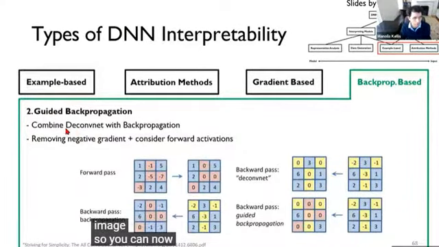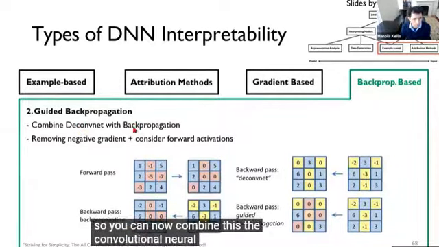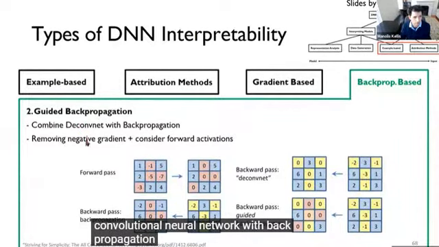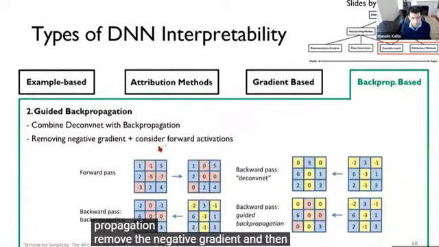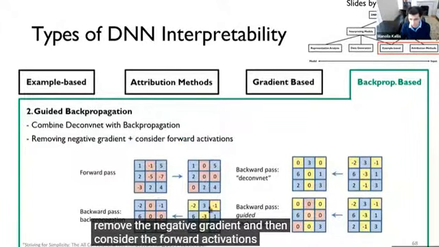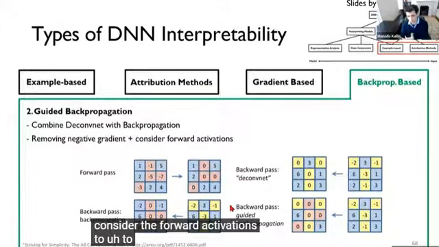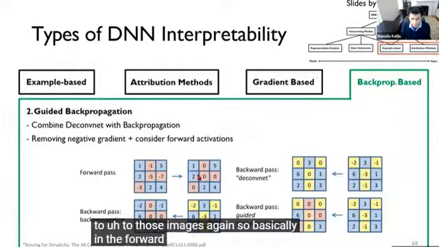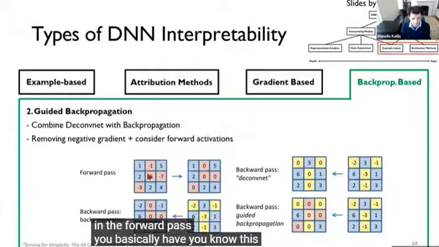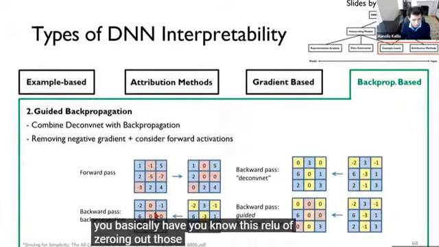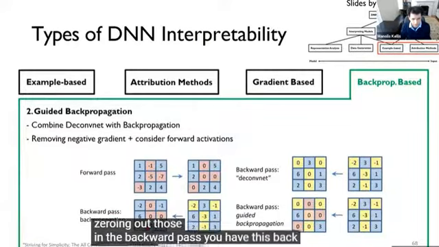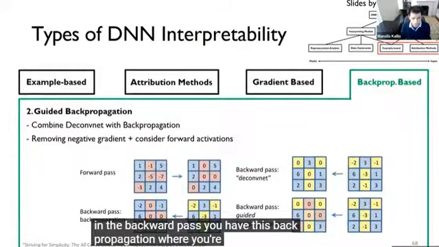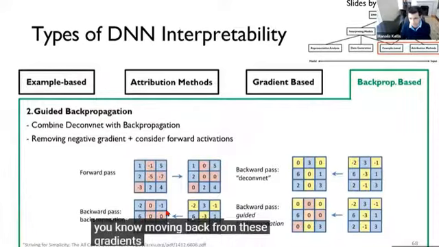So you can now combine this deconvolutional neural network with backpropagation, remove the negative gradient, and then consider the forward activations to those images again. So in the forward pass, you have this ReLU zeroing out those values. In the backward pass, you have this backpropagation where you're moving back from these gradients.